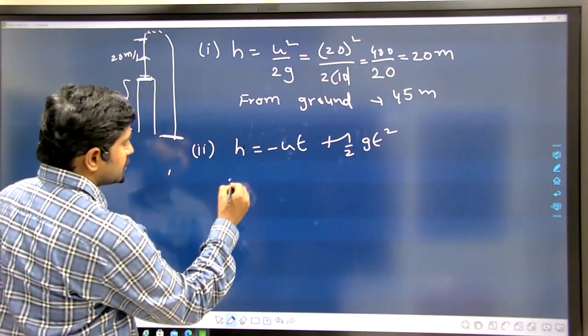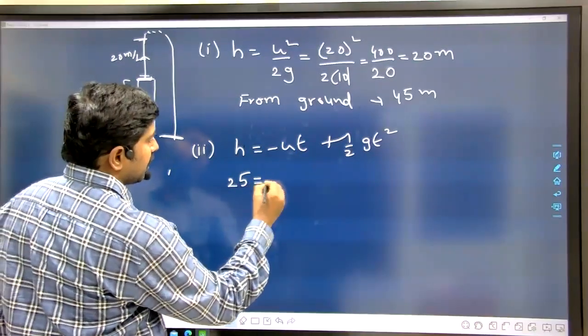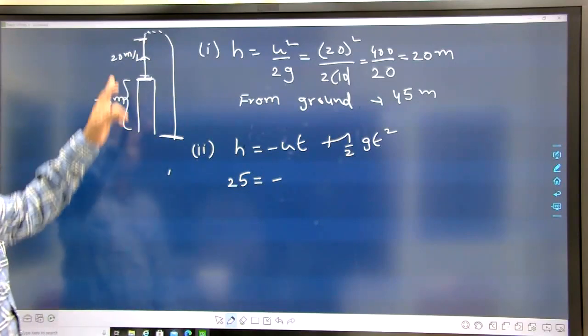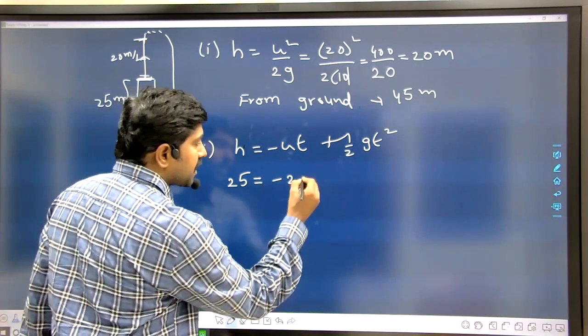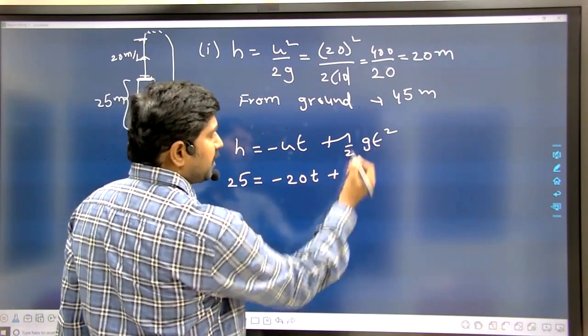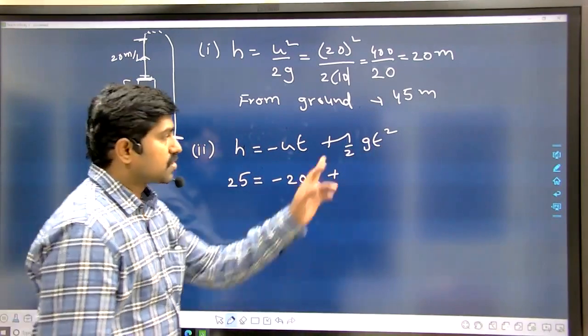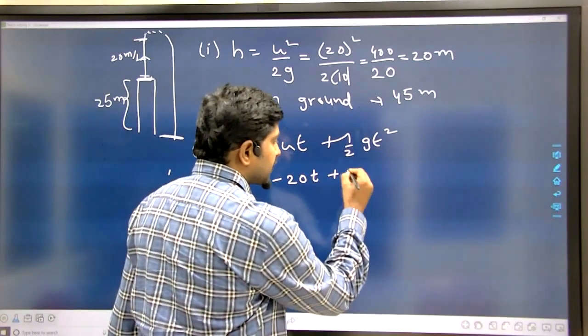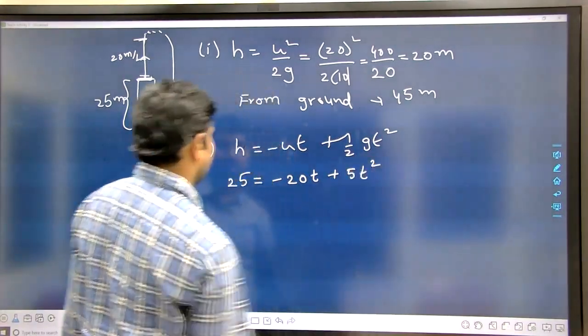The height of the building is 25, minus the initial velocity, given here as 20 meters per second, times the time you have to find out, plus half into g, which can be taken as 10 here. Half into 10 will be 5, so this will be 5t square.